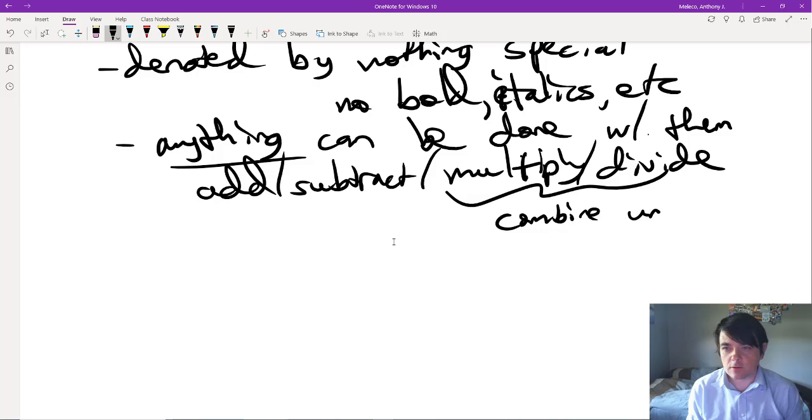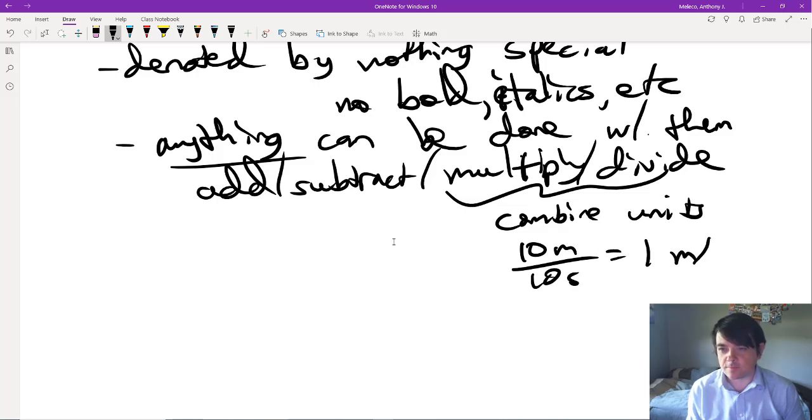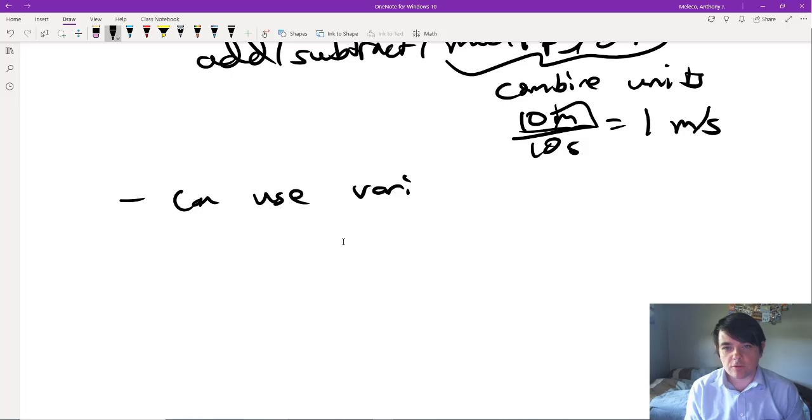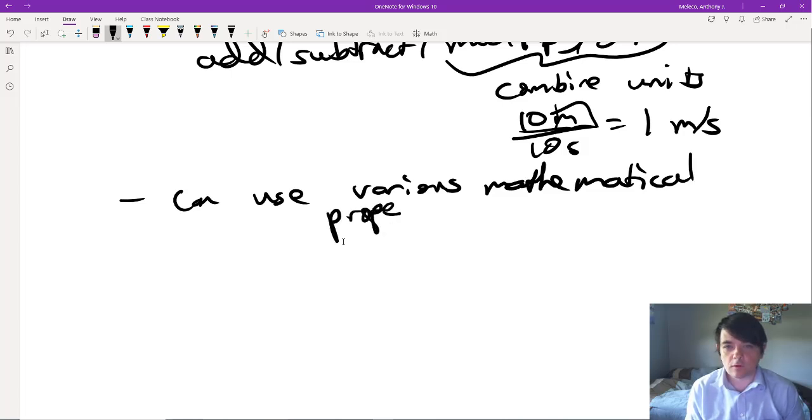For example, you've already seen this: if I have 10 meters and I divide it by 10 seconds, this is 1 meter per second, right? These guys tend to have units. They can use various mathematical properties.